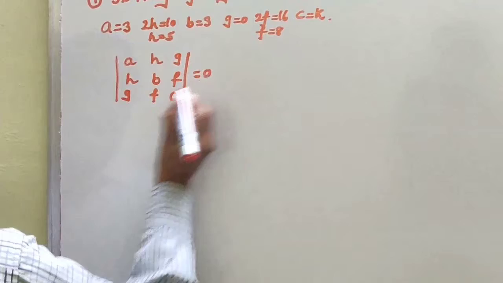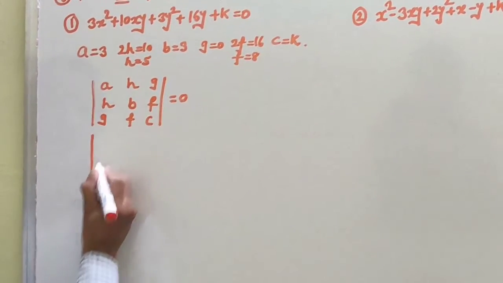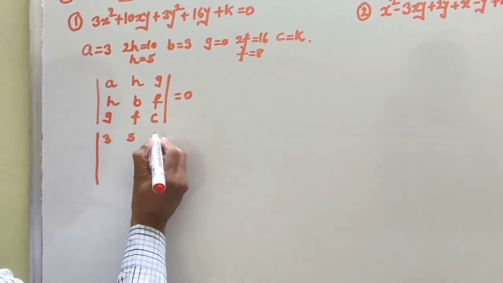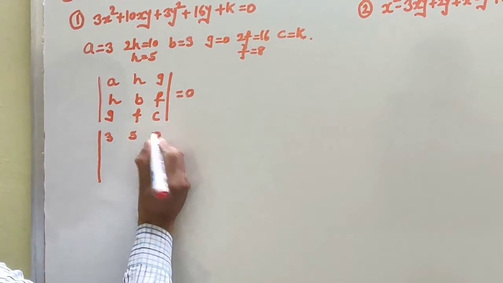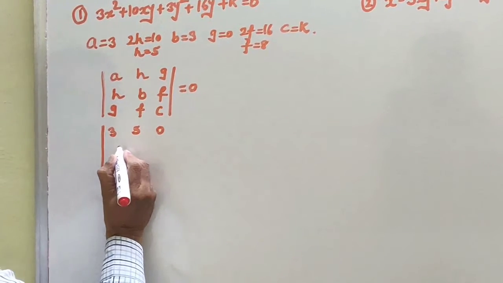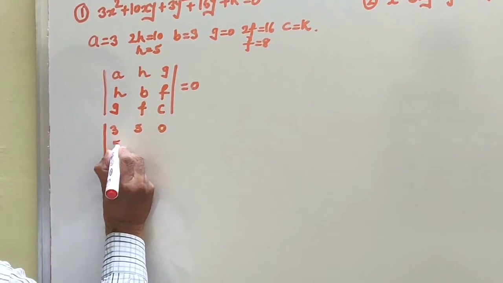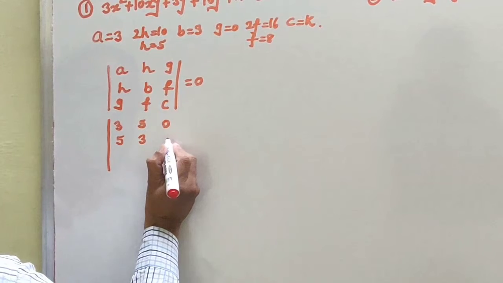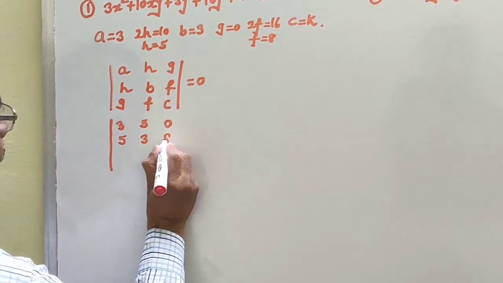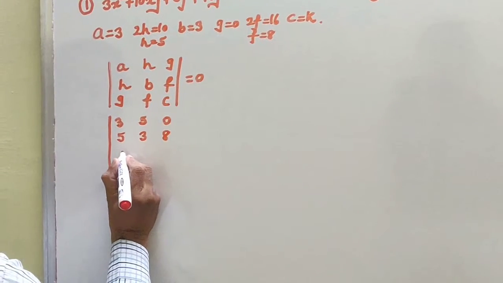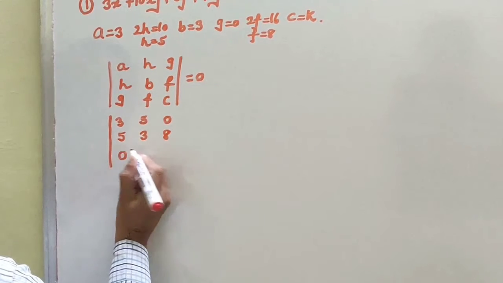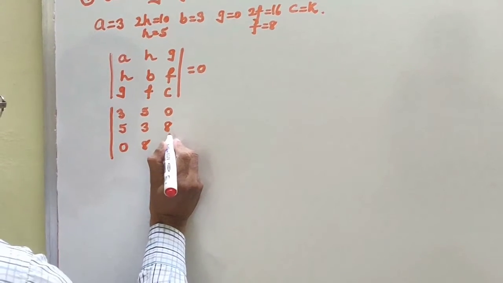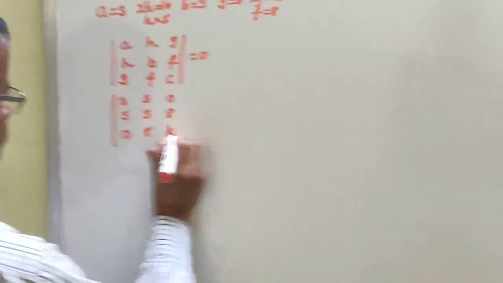Now I am substituting the values. a is 3, h is 5 and g is 0. Now h is again 5, b is 3, f is 8. Now g is again 0, then f is 8 and the value of c is k.